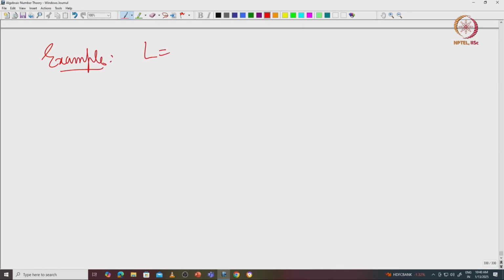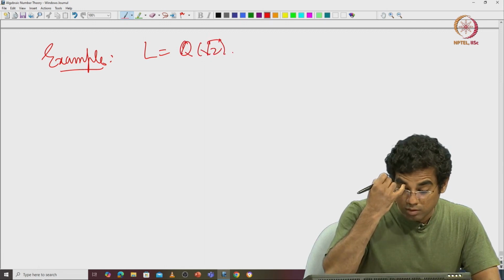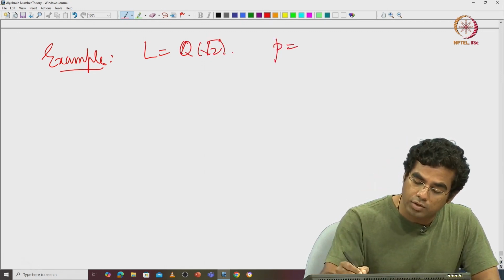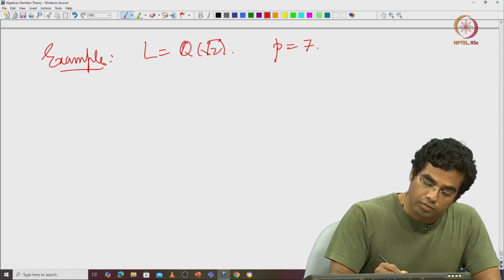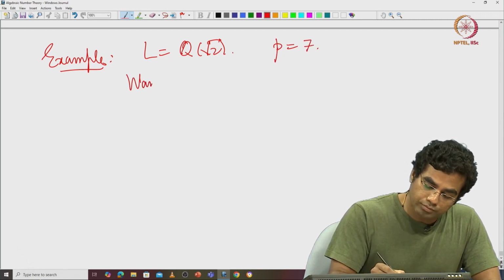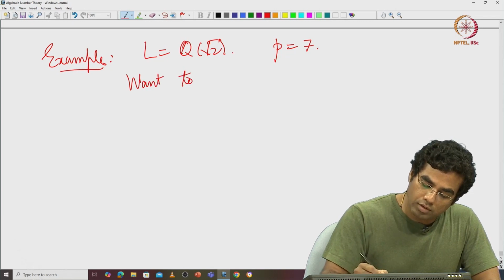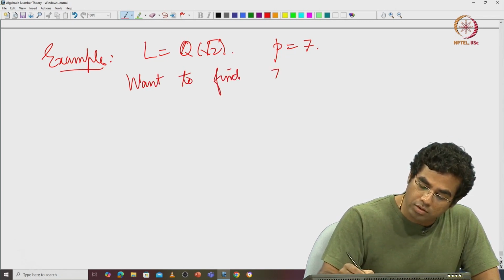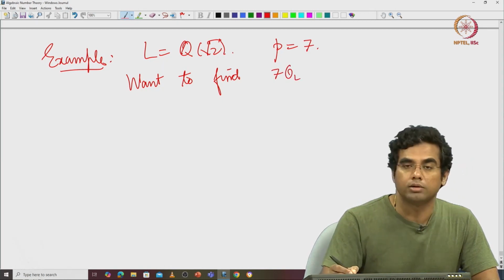So, let L be Q(square root of 2). Let us say that p is equal to 7, and so we want to find the prime factorization of 7 times O_L.